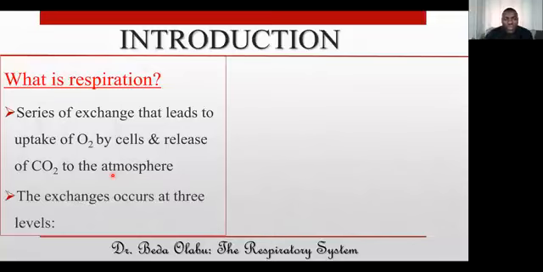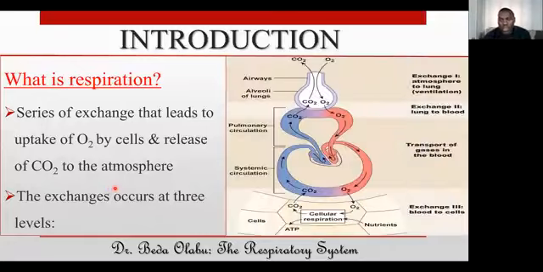Having said so, we can therefore say that the exchanges occur at three levels. The first level of exchange of the gases is the exchange between the atmosphere and the alveoli of the lungs. This exchange is what we call ventilation, or basically breathing.